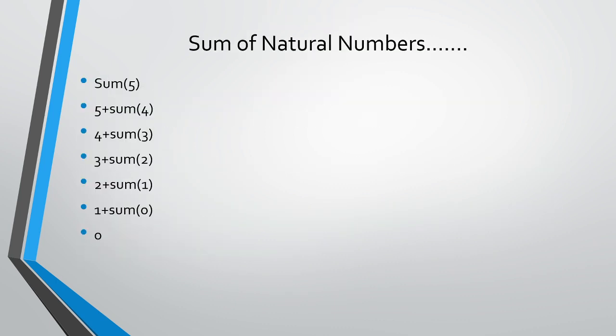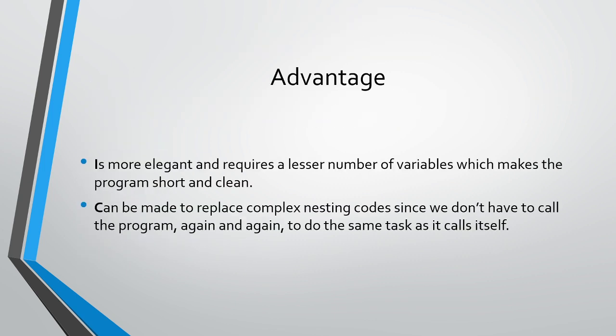Sum of 5 will be inserting sum of 4, sum of 4 will be inserting sum of 3, sum of 2 will be inserting, then sum of 1 will be inserting, then for sum of 0 we get the answer. But sum of 1 is actually calling sum of 2, and that is being inserted last. So the recursive function is using the stack to perform this. That's the main disadvantage.